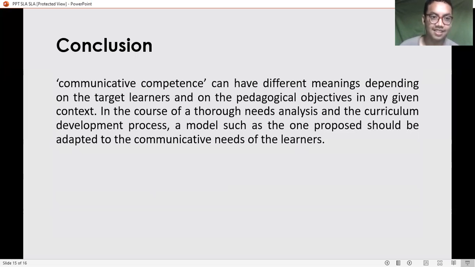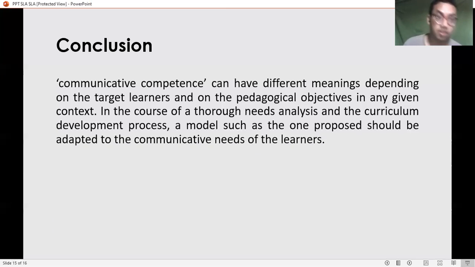So Ajay, could you give the conclusion by yourself? Well, yes. As you said before, communicative competence can have different meanings depending on the target learners. I'm from Indonesia, and we have our own communicative competence, and it may be different from my friends from England or the US. But the basic communicative competence is the same.